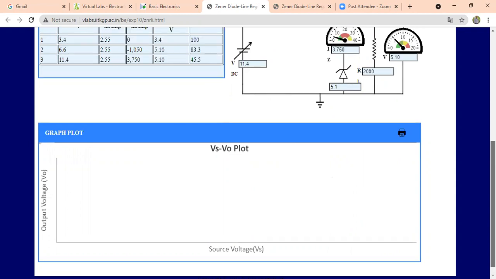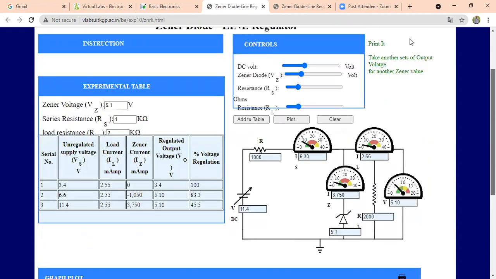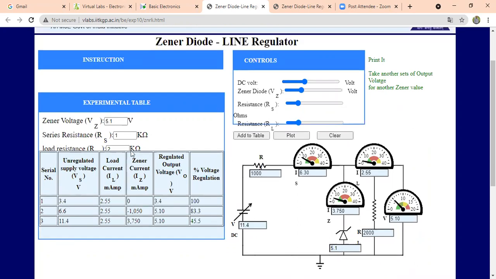In this way, we can take various values and plot those graphs. These are the actual values which we are taking, shown over here. Zener voltage is 5.1 volts, series resistance 1 kilo ohm, and load resistance is 2 kilo ohms. We'll keep all these values constant and just vary the unregulated supply from 3.4, and these other parameters are being varied from this.